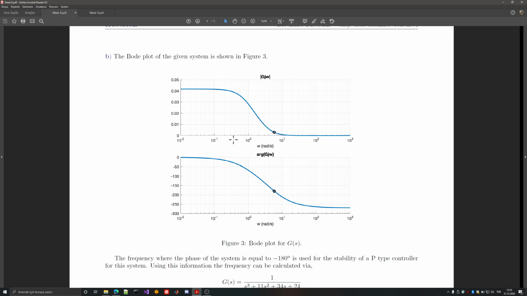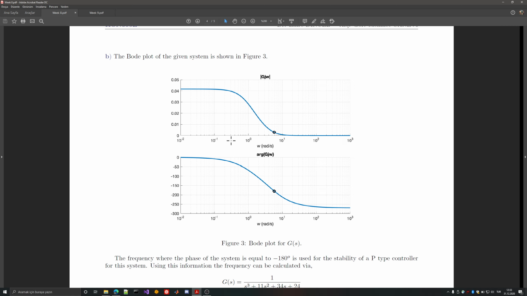Now, since we are plugging in s equals j omega, we look for k times g divided by 1 plus k times g. If you want to look for stability or even instability, instability happens when you have a division by 0, because it will give you infinity, and this infinity corresponds to an output that is not settling down to a certain value, that doesn't have an equilibrium.